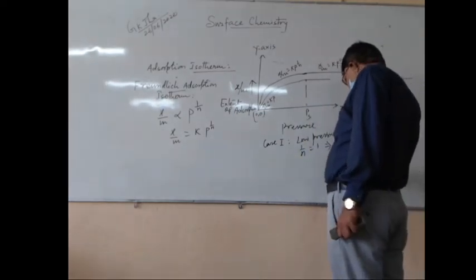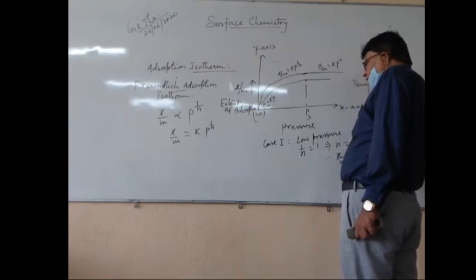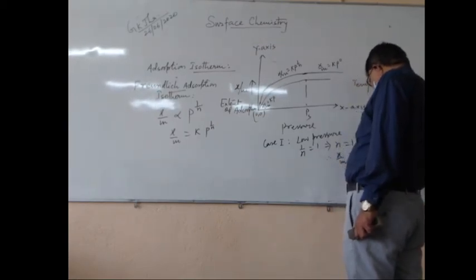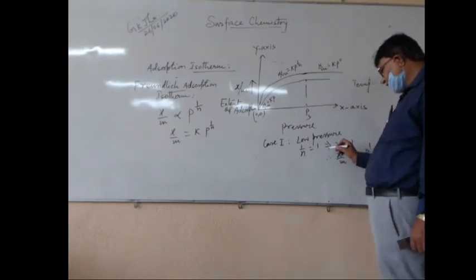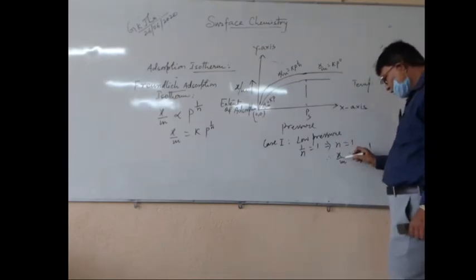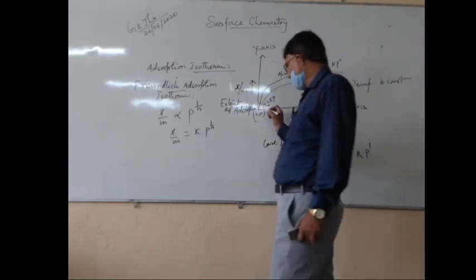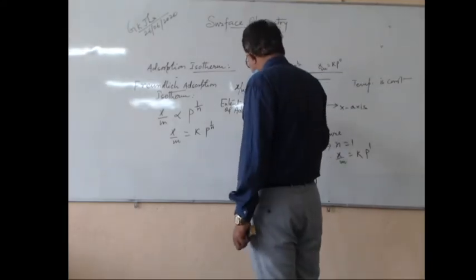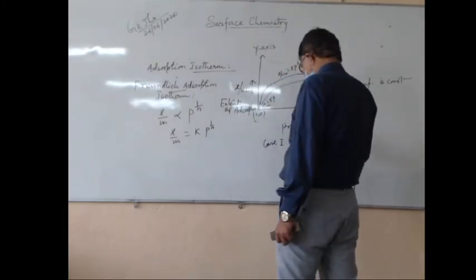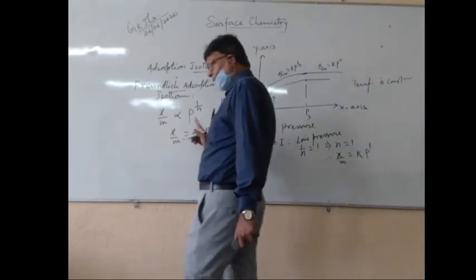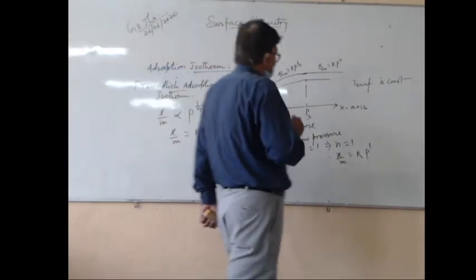Therefore x by m will be equal to k p raised to the power 1. That is direct variation of extent of adsorption with pressure. That means as pressure increases, extent of adsorption also increases, provided that pressure is low.